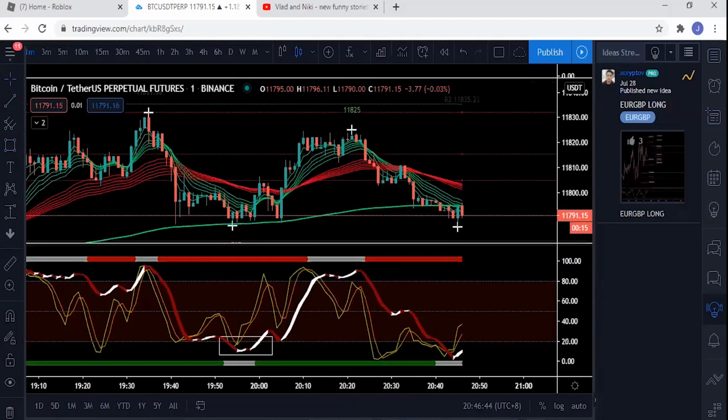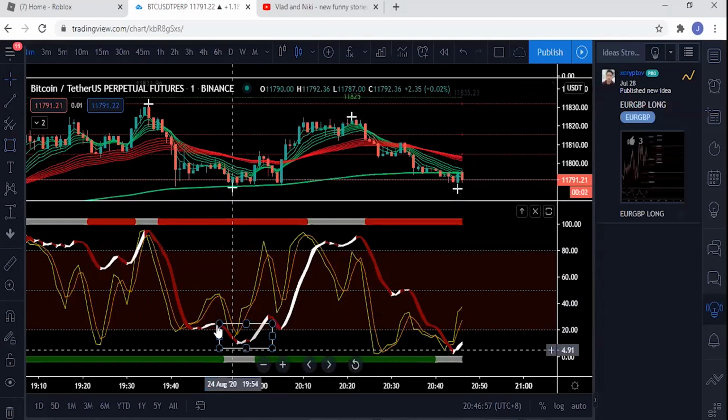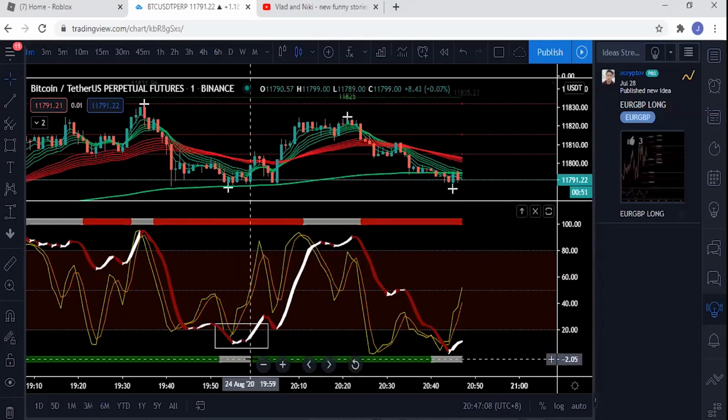You already see a cross, but what happened here? There is a repainting of the cross because the price is still moving down. So this is not a perfect entry to trade. Where you are going to trade is when you already see a green line.